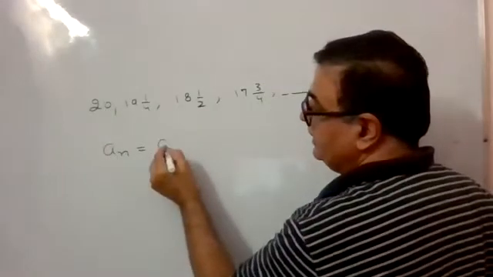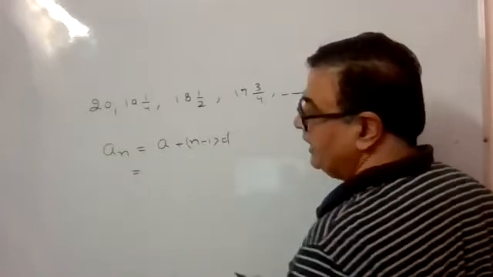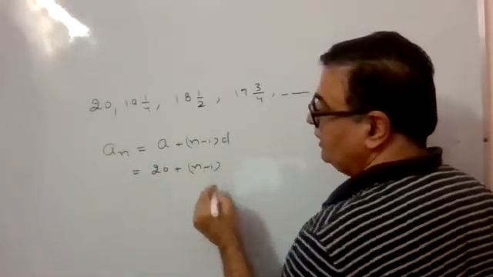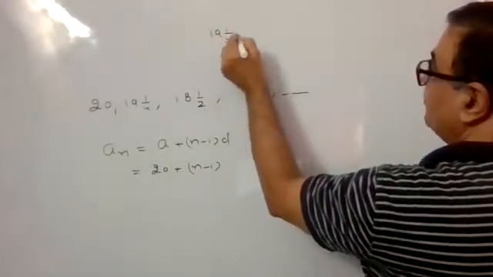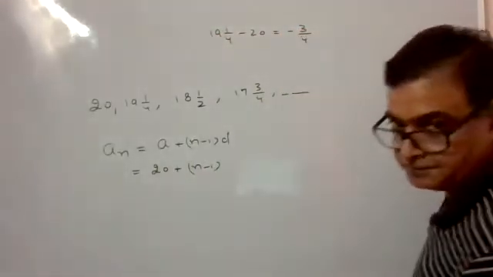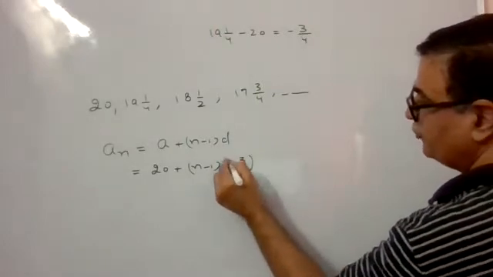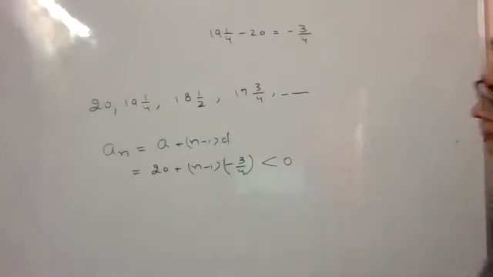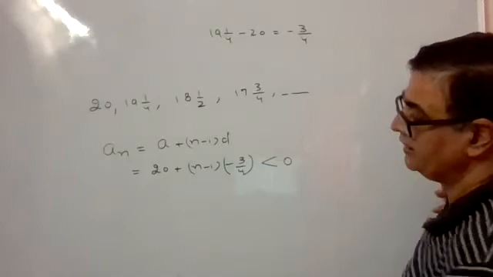The nth term is again a plus n minus 1 into d. Here a is 20, and d is 19 3/4 minus 20, which is minus 3 by 4. We want this quantity to be negative.